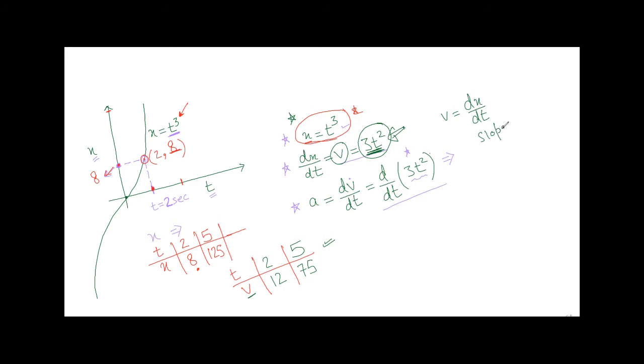So if I draw a tangent here, the slope of the tangent at t is equal to 2 seconds will give me the velocity. Basically, the slope of the curve at t is equal to 2 seconds would be 12, and this 12 is the same as this 12. Is it making sense?